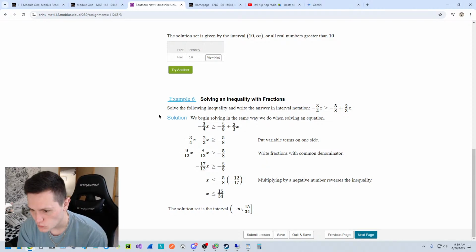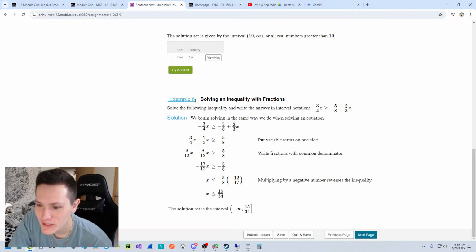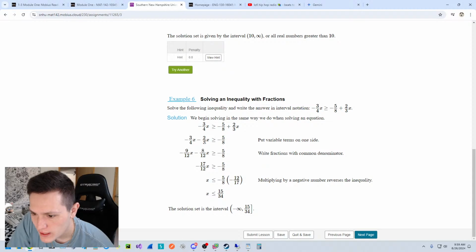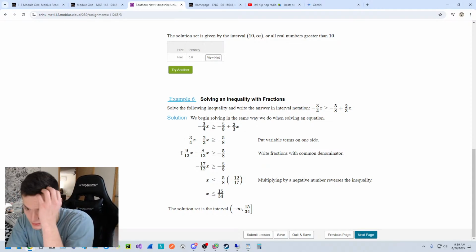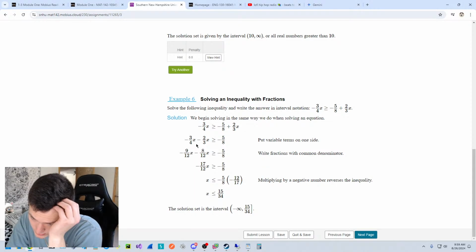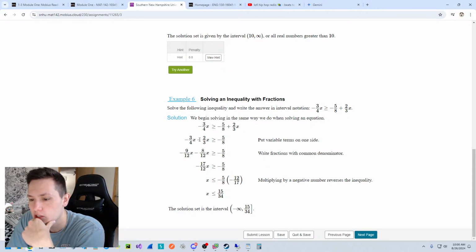True. Look at this, bro. 4, 8. Whoa. So I would assume you just times the bottom. 4 times 3 is 12. 3 times 4 is 12. You put everything over 12.